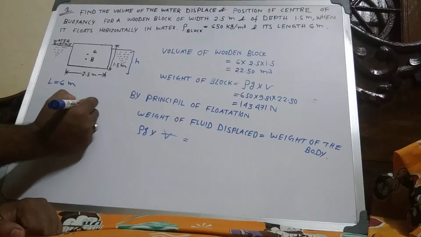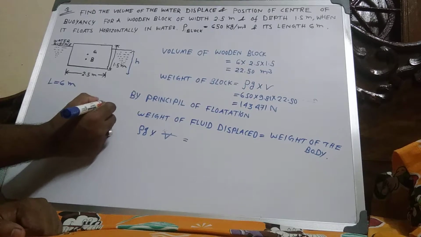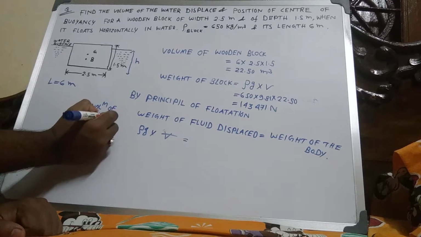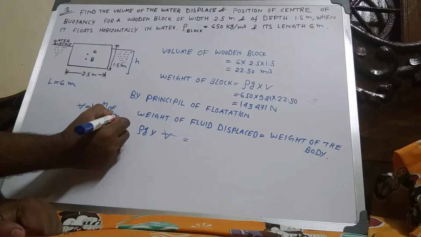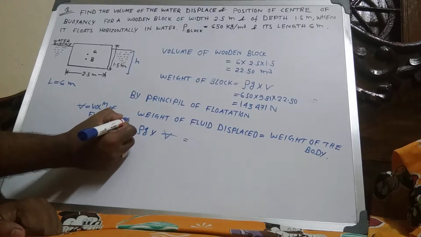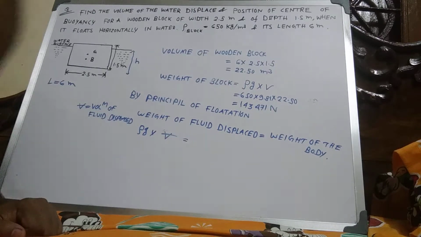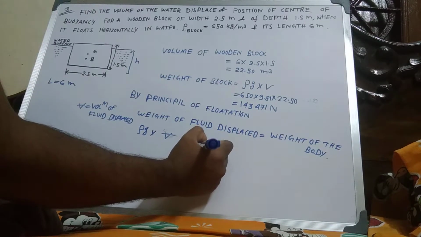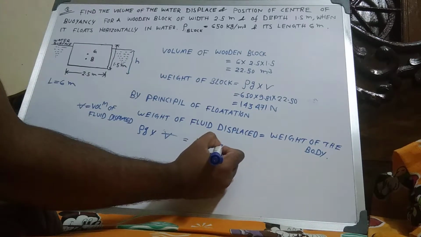This is the volume of fluid displaced. The weight of the body is equal to 143471.